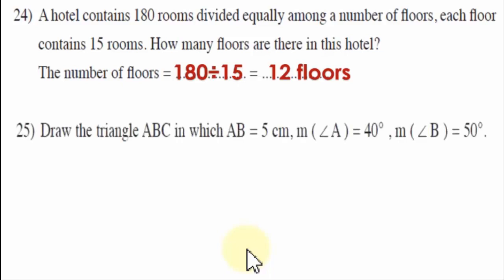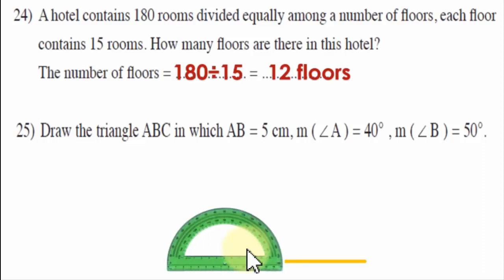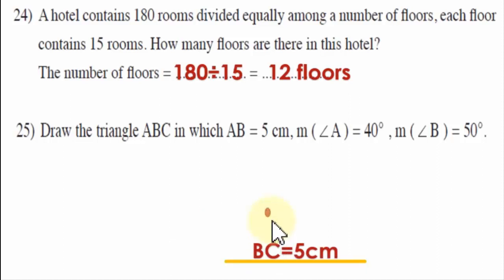Now draw the triangle ABC in which AB equals 5 cm, measure of angle A equals 40 degrees, measure of angle B equals 50 degrees. If you want to draw this triangle, we will start with the line segment AB 5 cm, then use our protractor to measure the angle A. Angle A 40 degrees, 10, 20, 30, 40, then put a dot here, then use your ruler and draw a line segment.